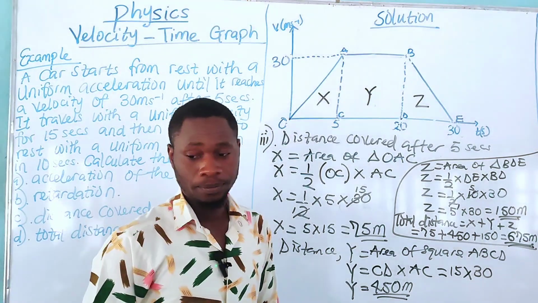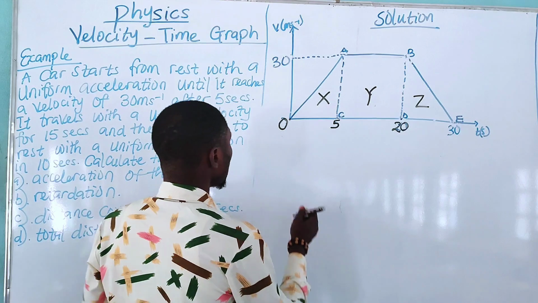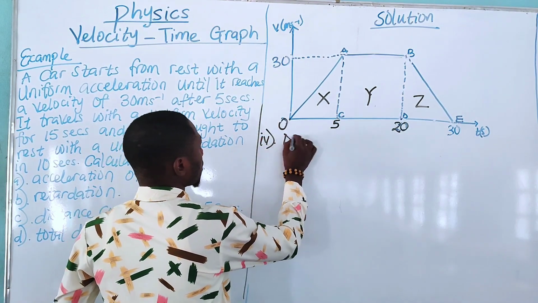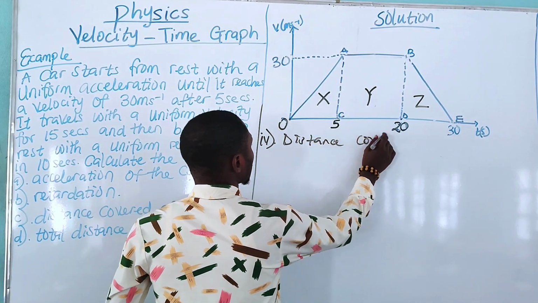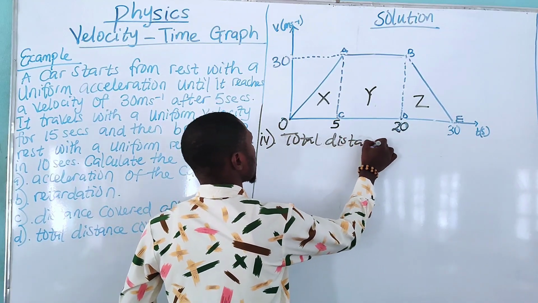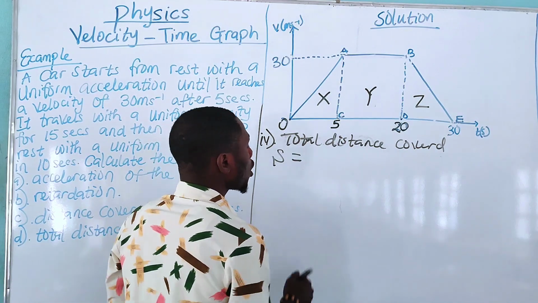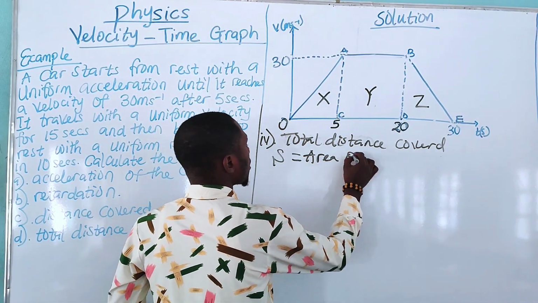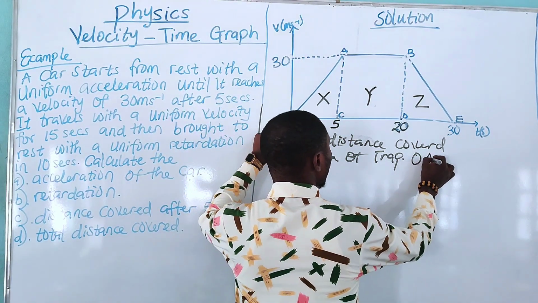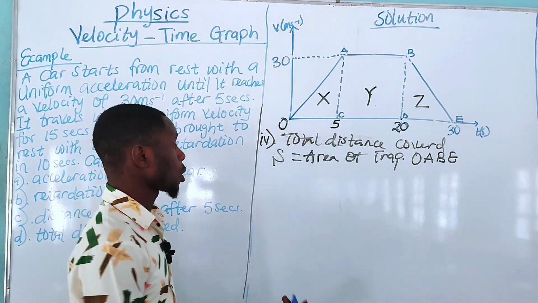So to obtain the total distance covered through this alternative method, let's call it S, it is equal to the area of trapezium OABE. That will give us the total distance covered.